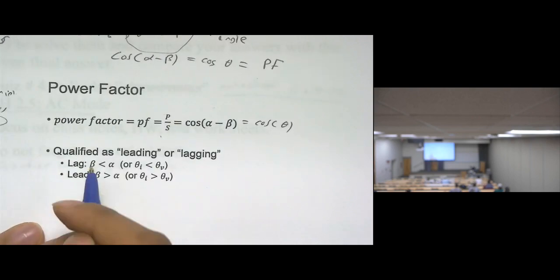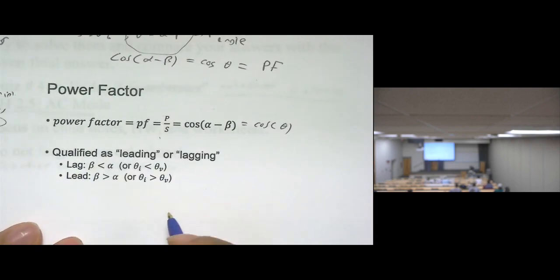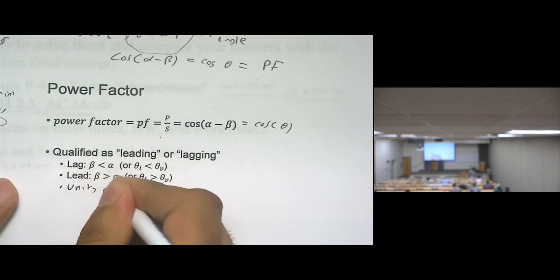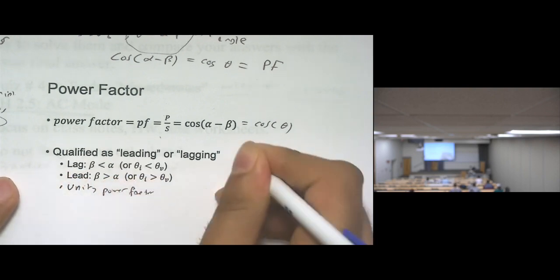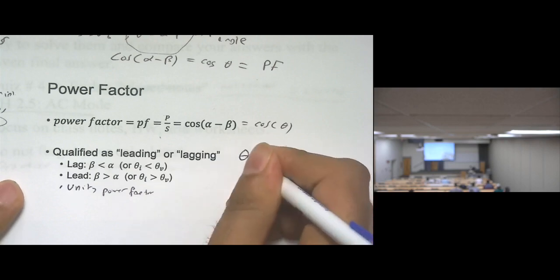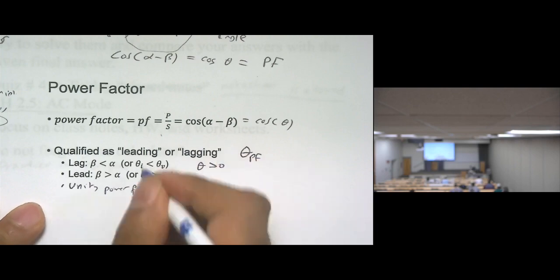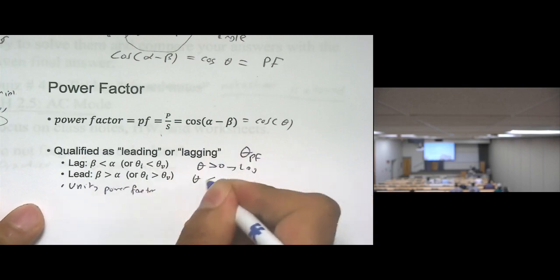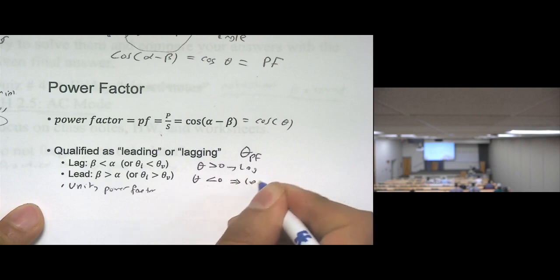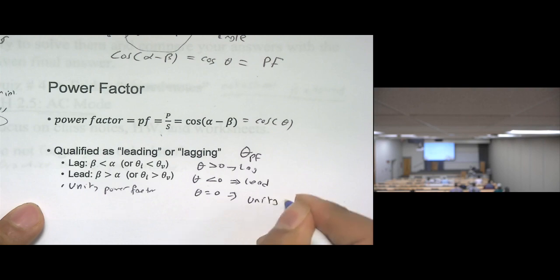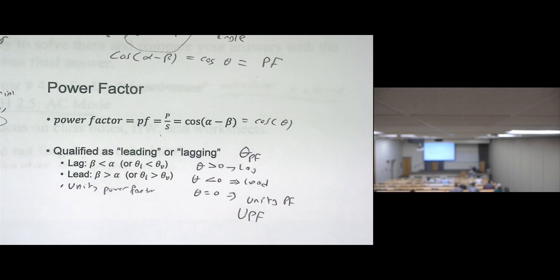There are some cases associated with power factor: lead power factor, lagging power factor, and unity power factor. Let's look at the power factor angle, theta. If theta is positive, then it is lag. If theta is negative, then it's lead. If theta equals 0, then it's unity power factor, or sometimes we call it UPF. So there are three cases associated with the power factor.